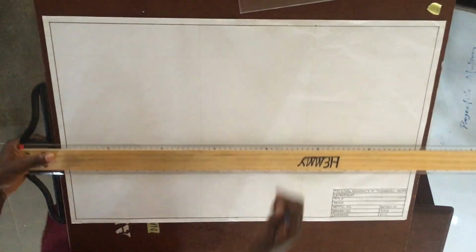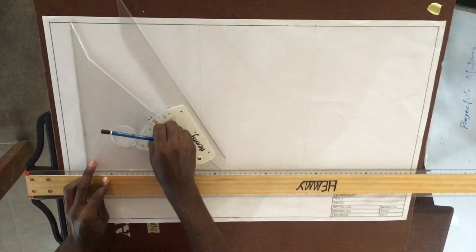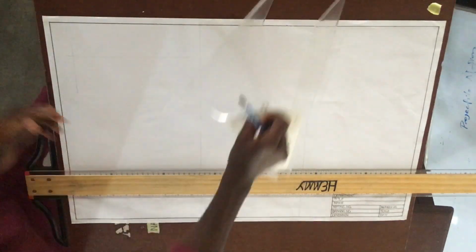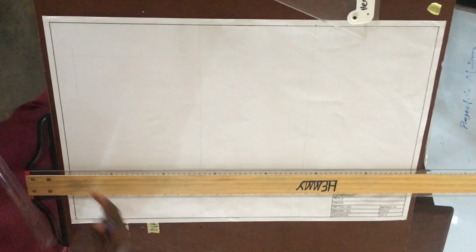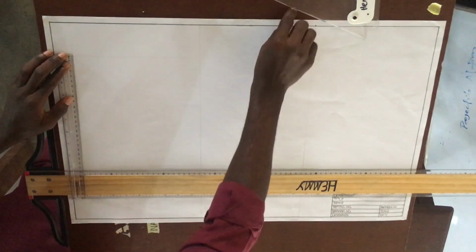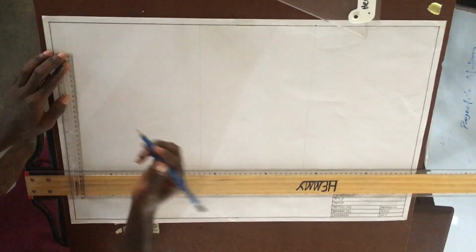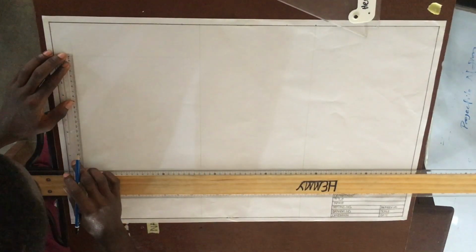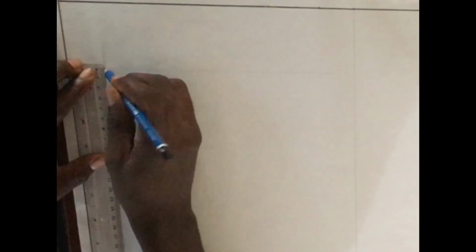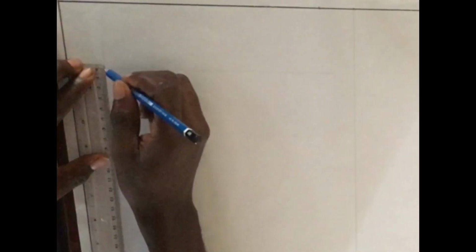So the next thing is the vertical line. All right. So measure out 3 millimeter, and 3 millimeter on our meter is equivalent to 0.3 centimeter.